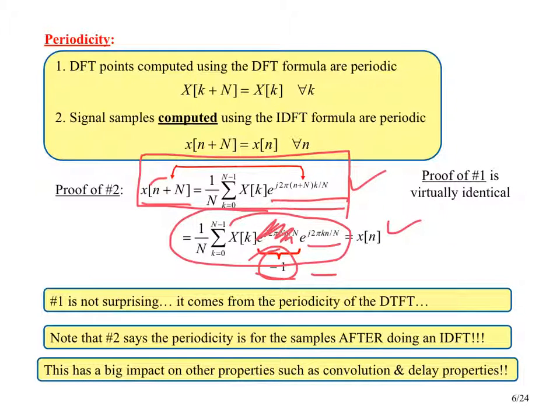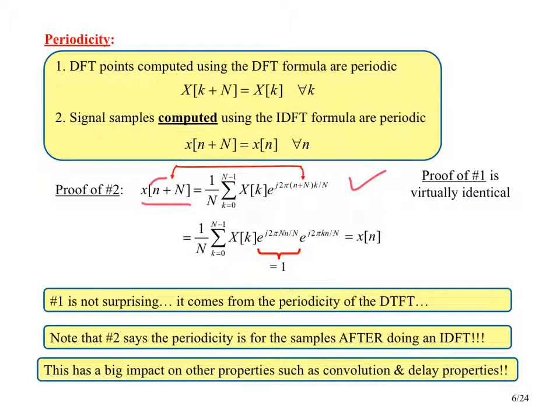So what that shows us is that when we're doing DFT processing and we do an inverse DFT, we need to interpret the result as having the potential of being periodic. I'll illustrate what I mean on the next couple of slides.